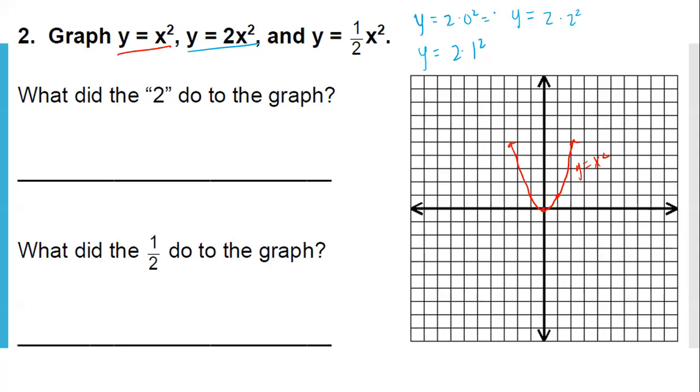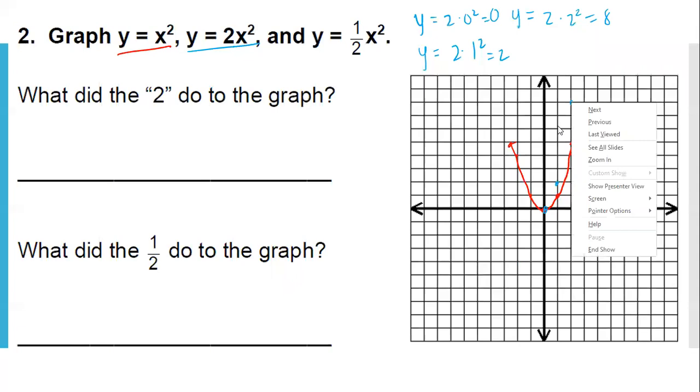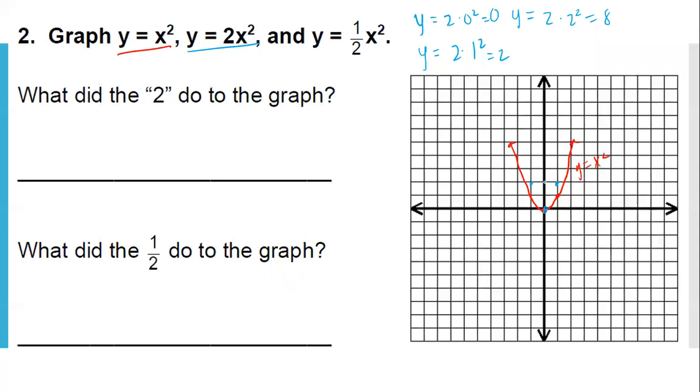Well, this is still what? 0. So 0 stays the same. This equals 2, so at 1, I'm now at 2. And this equals 8. It made it thinner, right? 1, 2, 3, 4.